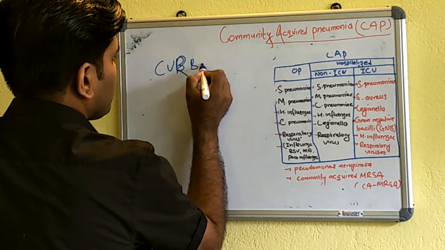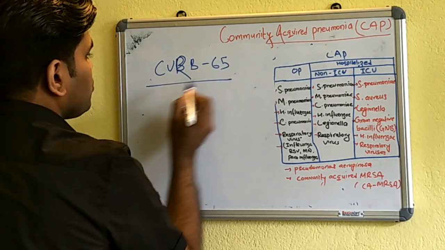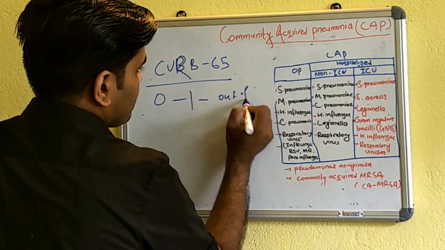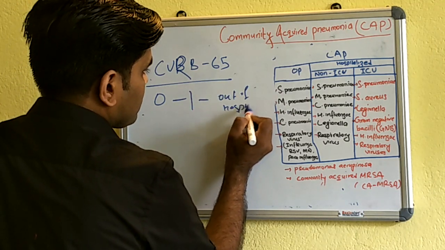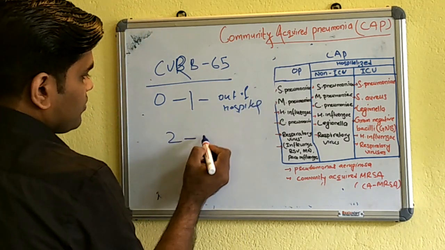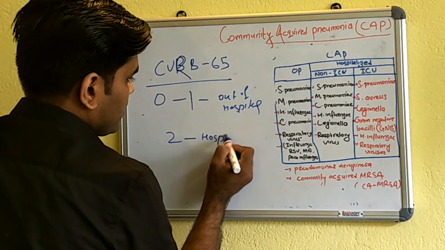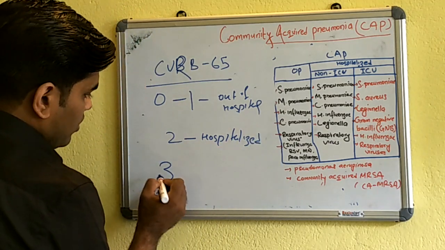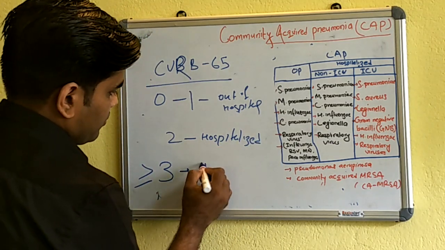So CURB 65: 0 to 1, out of hospital. 2, hospitalized. 3 or greater than 3, ICU.